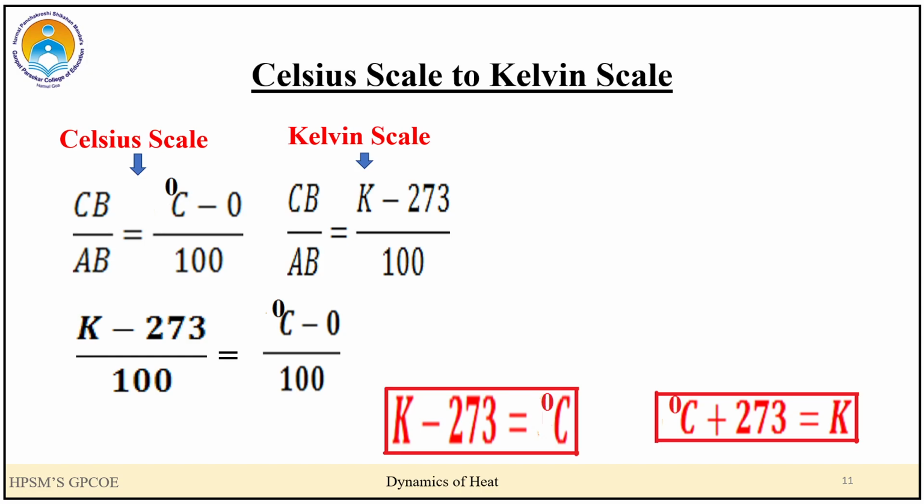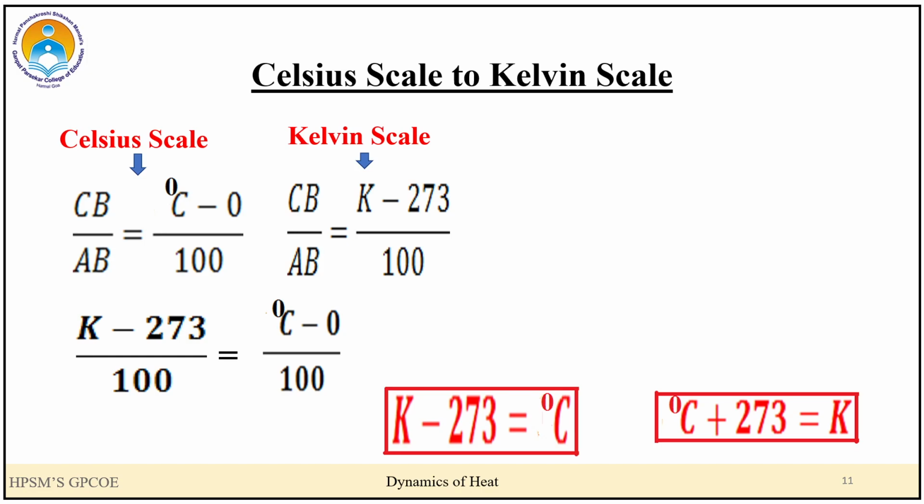Since the left hand sides of both the Celsius scale and the Kelvin scale are equal, we can equate the two right hand sides. So K minus 273 divided by 100 equals degrees Celsius minus 0 divided by 100.